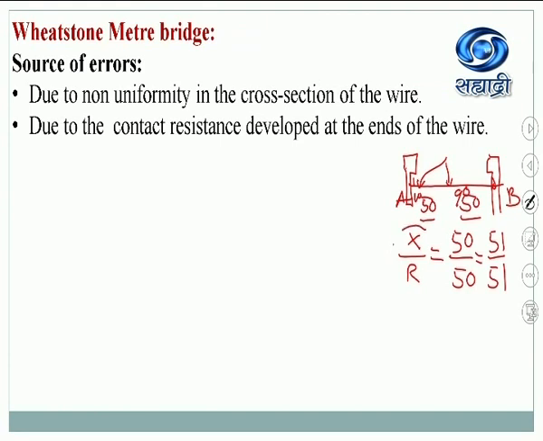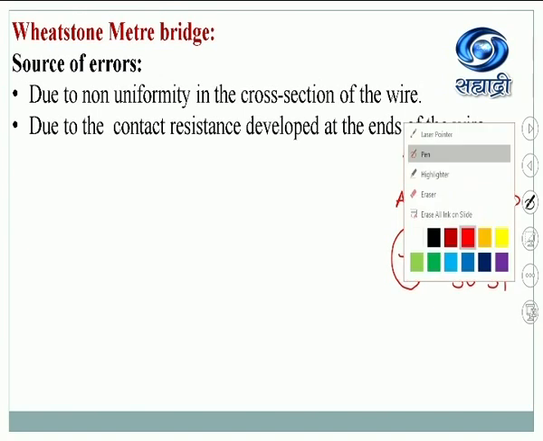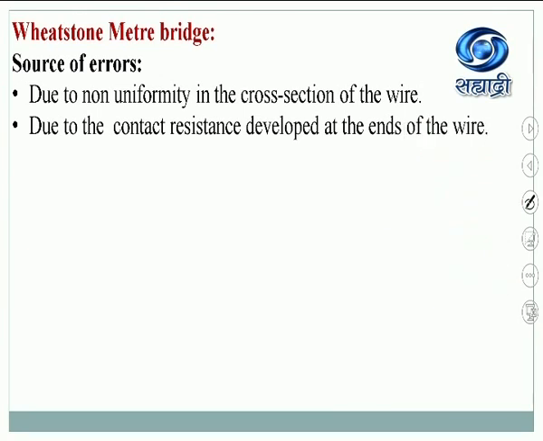In this case, when we calculate this ratio, it may not be the same as before. There is an error in the measurement of X. So due to the addition of contact resistance on either side of the wire, the measured ratio X upon R may not be accurate. That is the second error introduced.